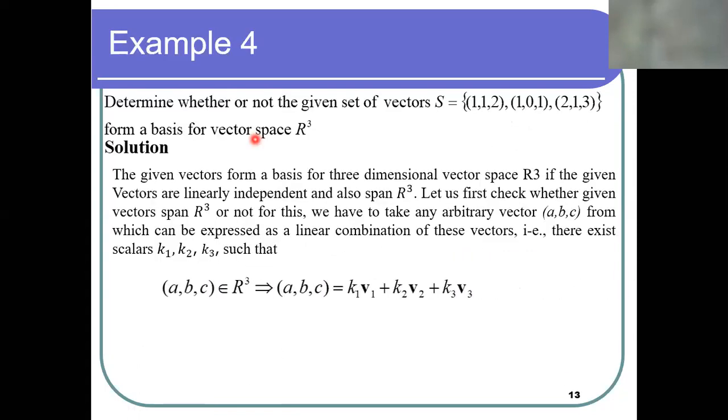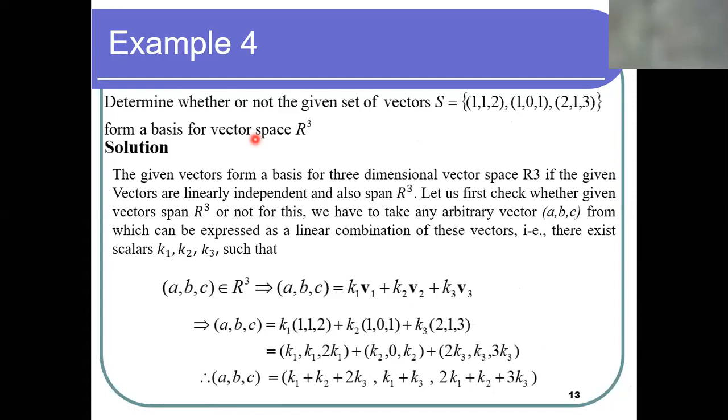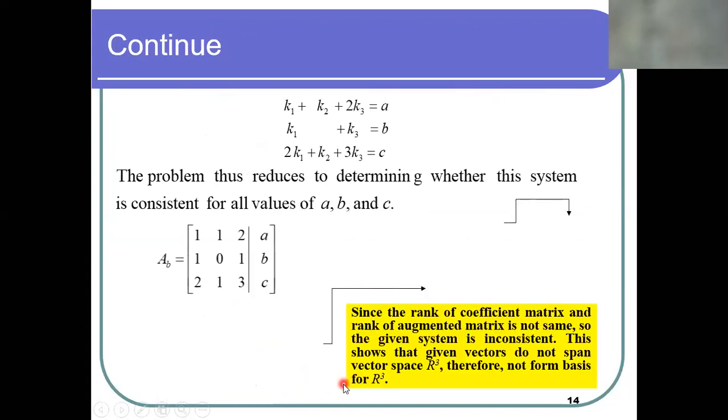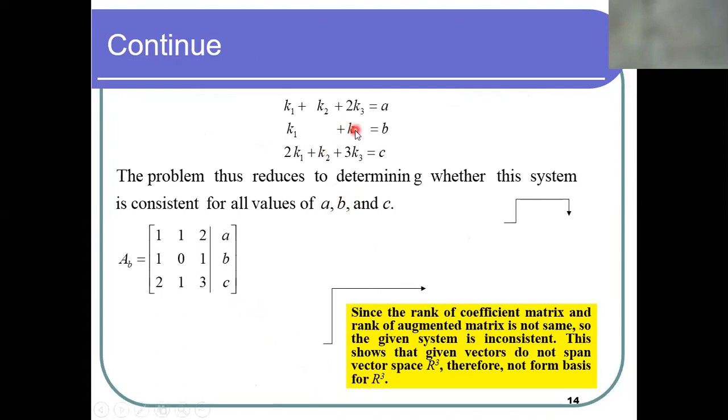Let us take another example, whether the given set of vectors forms a basis for the vector space or not. We take any arbitrary element from R cube and write it as a linear combination of these elements. We make some simple calculations and arrive at a non-homogeneous system of equations in terms of the k's.